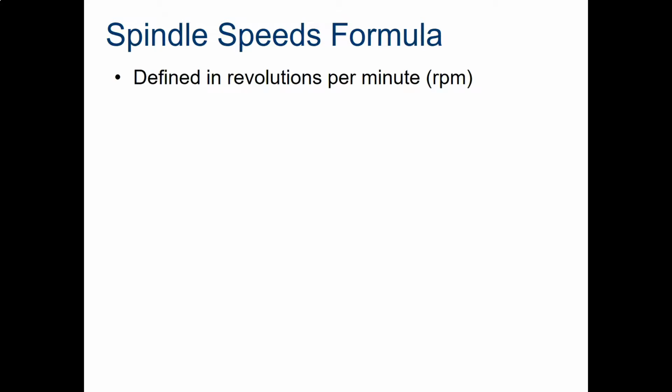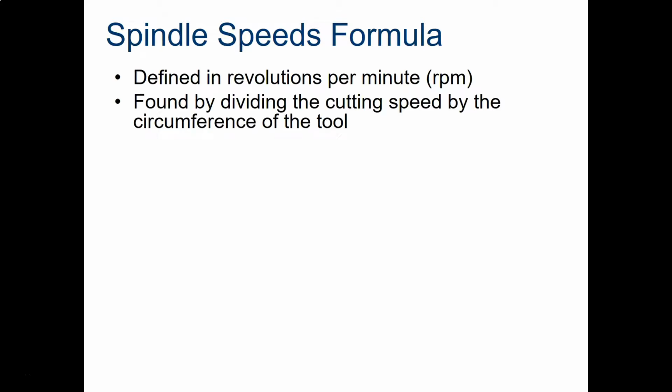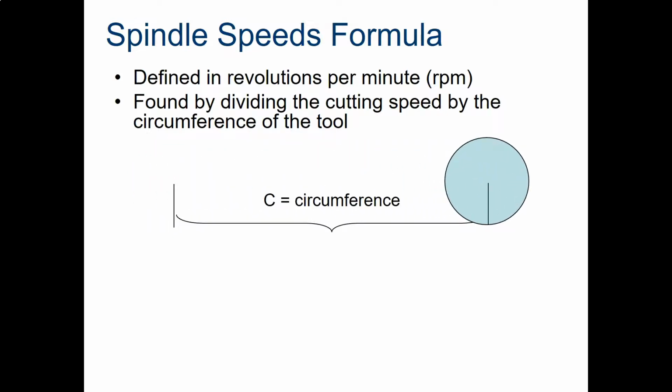Spindle speed is defined as RPMs. We find this by dividing the CS, the cutting speed, which is obtained from a machinery handbook, by the circumference of the tool. A revolution is one complete rotation. This distance is called the circumference.